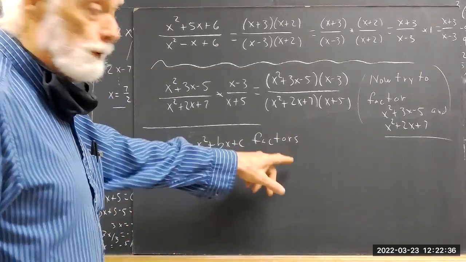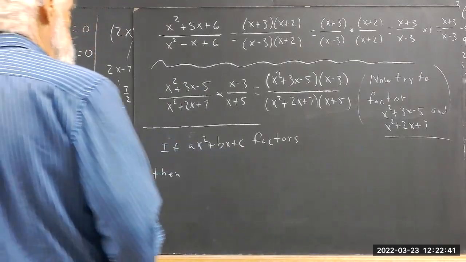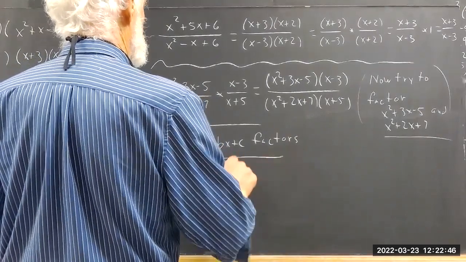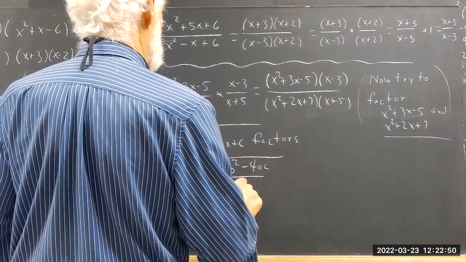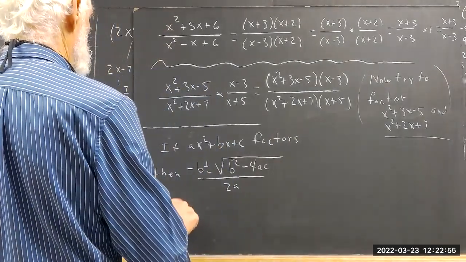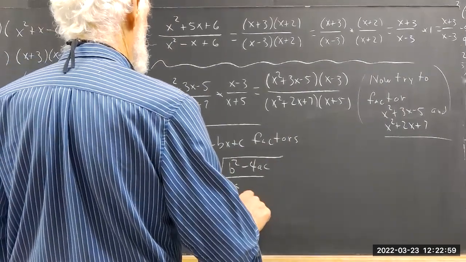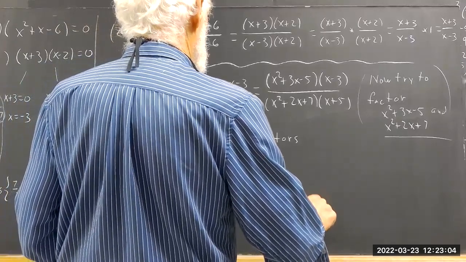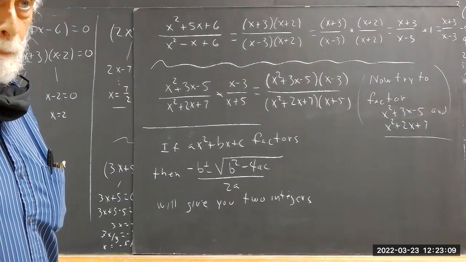If ax squared plus bx plus c factors, then the expression of your quadratic formula is going to give you two integers. Okay?